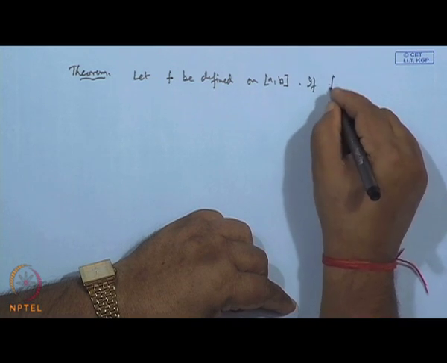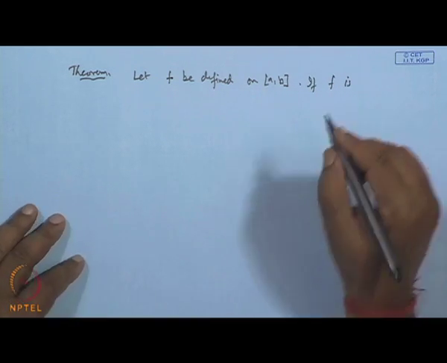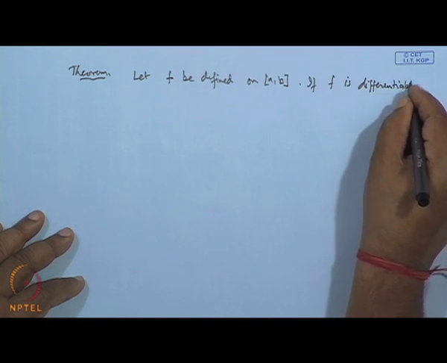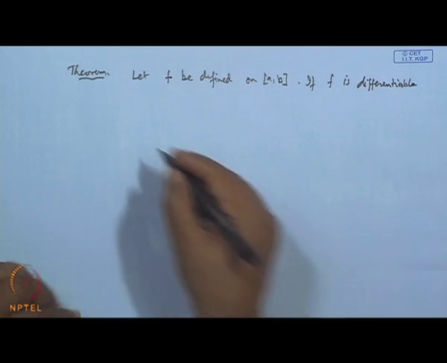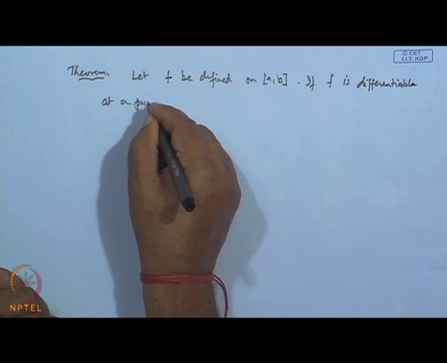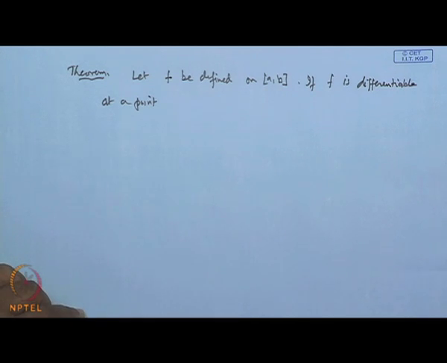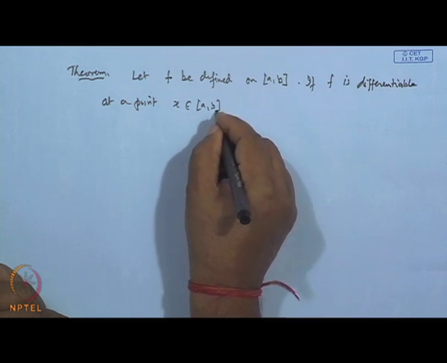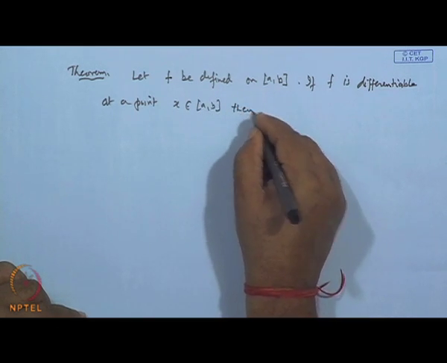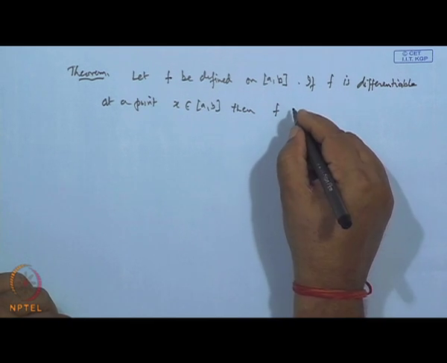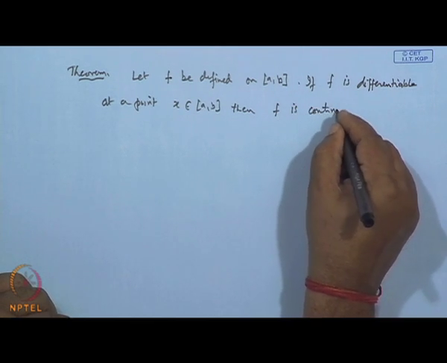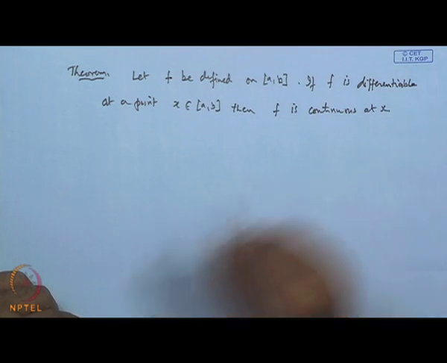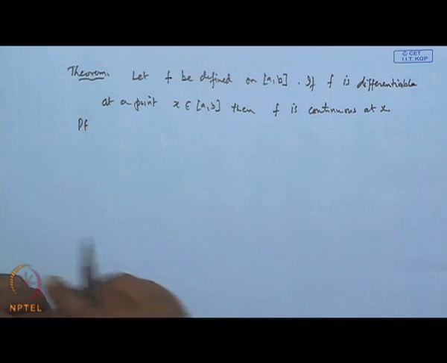If f is differentiable at a point, say x belonging to the interval [a, b], then f is continuous at x. Okay. The proof is just simple.